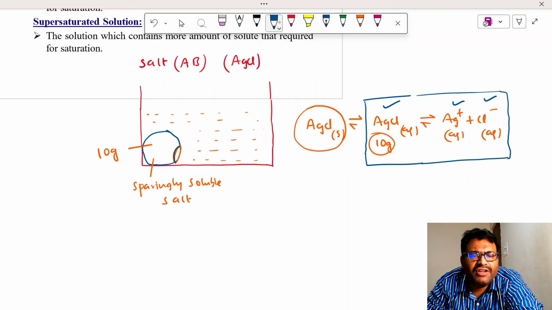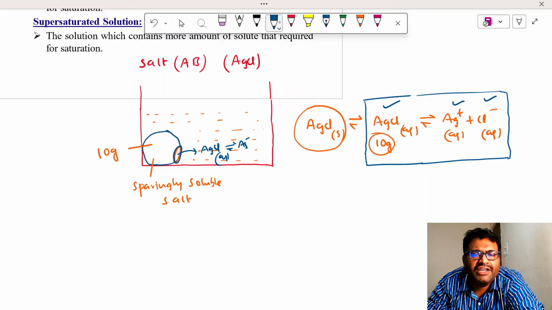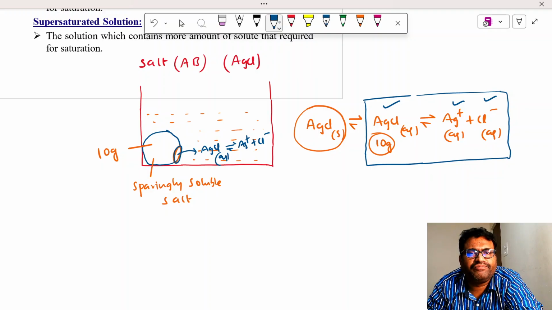This solid is dissolved into AgCl aqueous, and this is in equilibrium with Ag plus and Cl minus. We don't want the remaining 9 grams which is undissolved. We want the 1 gram which is dissolved.